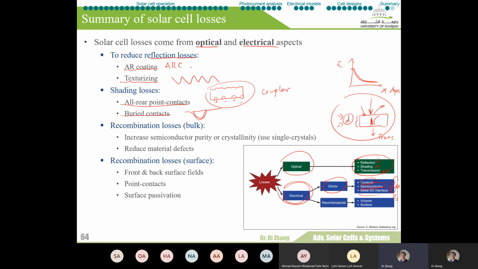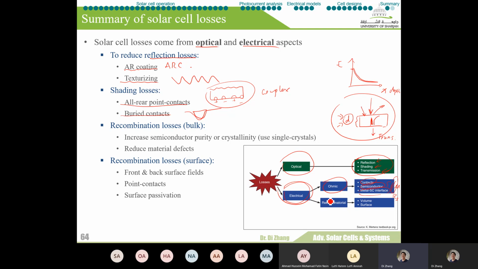And for the interface, if you have some issue between two materials, especially if they don't form a very conductive interface, another solution is that maybe you can insert a third layer in between the two materials, so that you form a smoother, more conductive interface. So there are different strategies where you can improve this kind of performance.